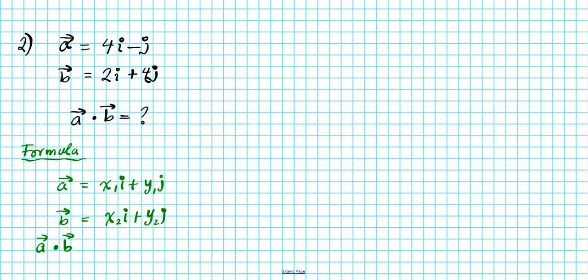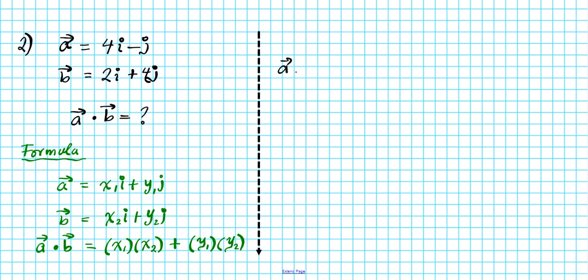It's going to be exactly the same as we did in the previous example. The product of the x components of the two vectors, added to the product of the y components of the two vectors, and that will give you the dot product. Okay, so let's go ahead and find what the dot product is here.